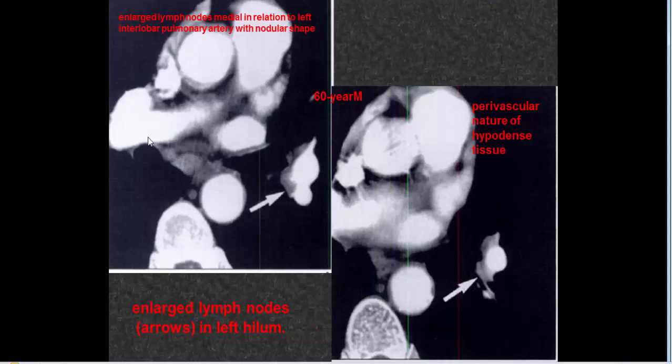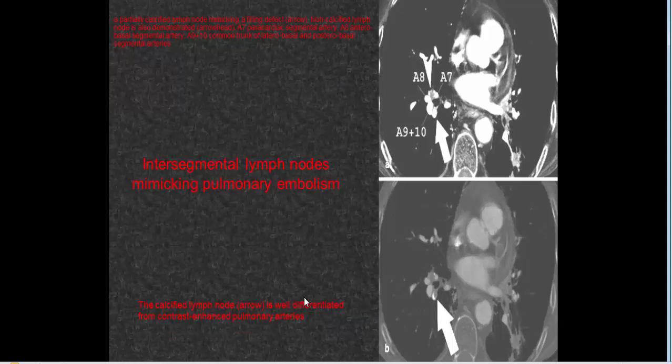As we see, enlarged lymph nodes medial to the left interlobar pulmonary artery with nodular shape, in a 60-year-old. Enlarged pulmonary lymph nodes at the left hilum. The perivascular nature of the hypodense tissue gives a false positive impression of pulmonary embolism.